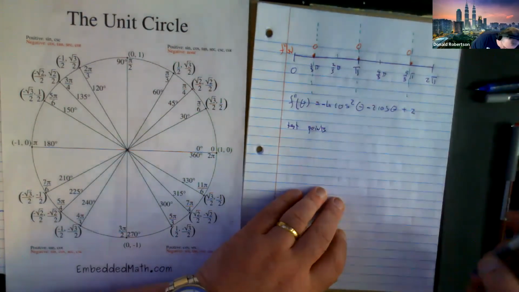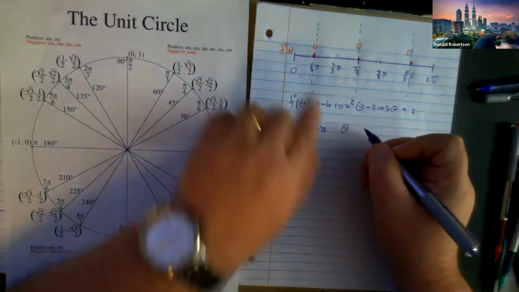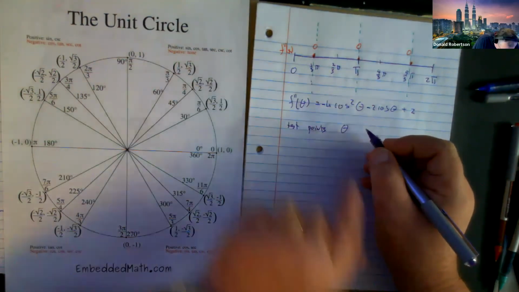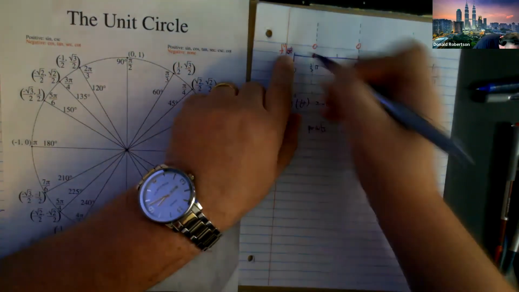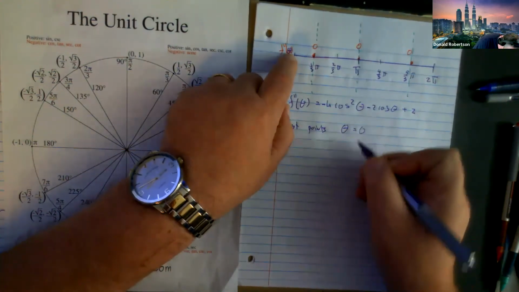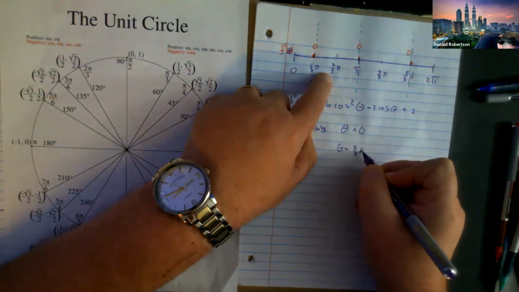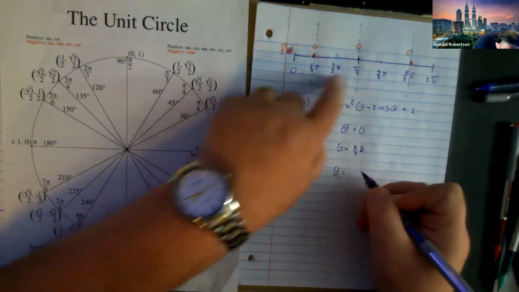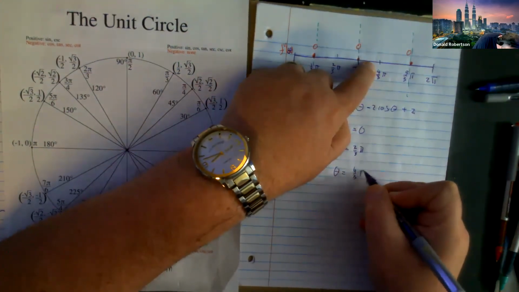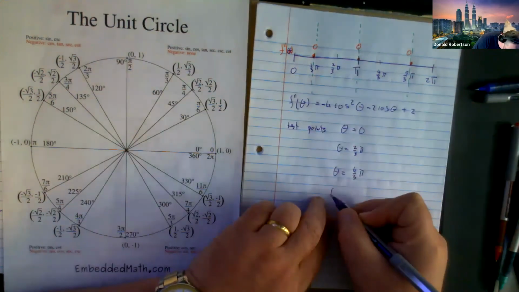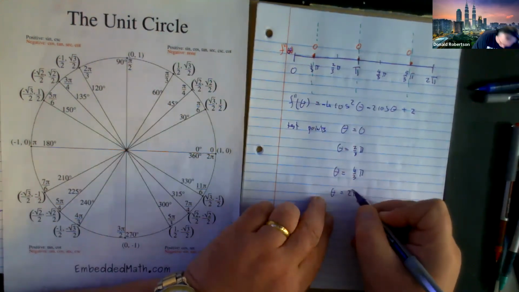So I'm going to be choosing test points. Is this X or zeros? It's theirs, right? So I'm going to choose 0. I'm going to choose 2/3 pi. I'm going to choose 4/3 pi. And I'm going to choose 2 pi.